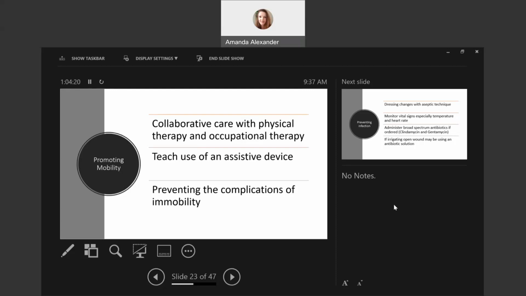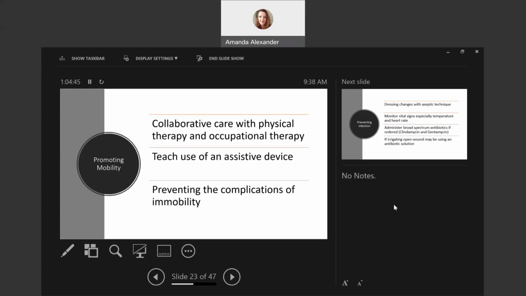When we're considering our nursing actions, we're going to reposition the patient every 1 to 2 hours. We're removing any abdominal binder that might be in place every 2 hours and making sure the placement is correct. So this would be for someone that may have an abdominal binder due to a back fracture, okay, or an abdominal surgery.